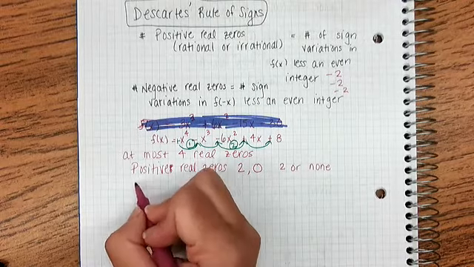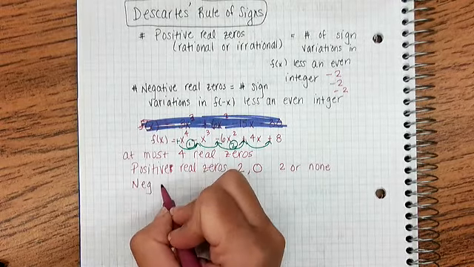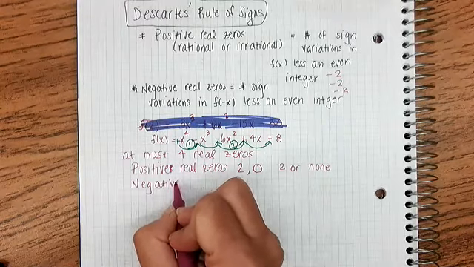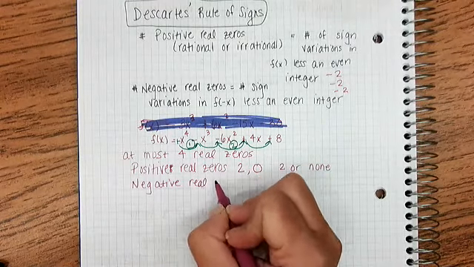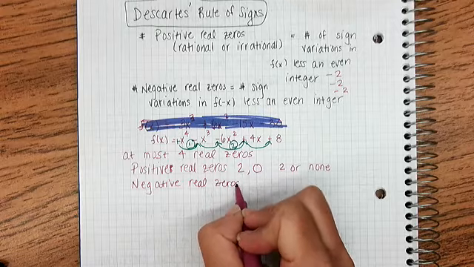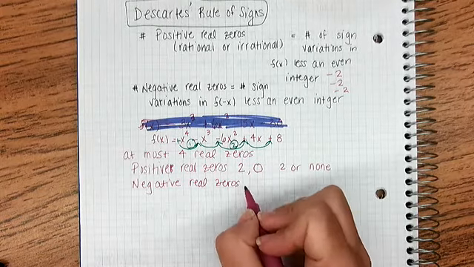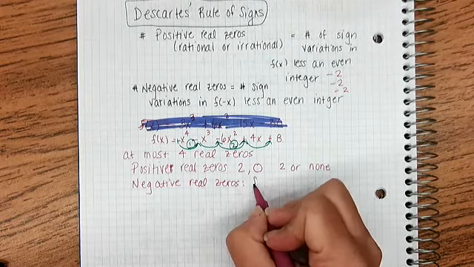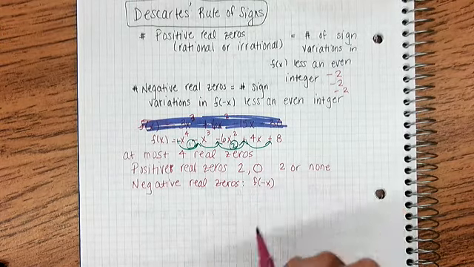Let's look at the negative real zeros. Plug in negative x.